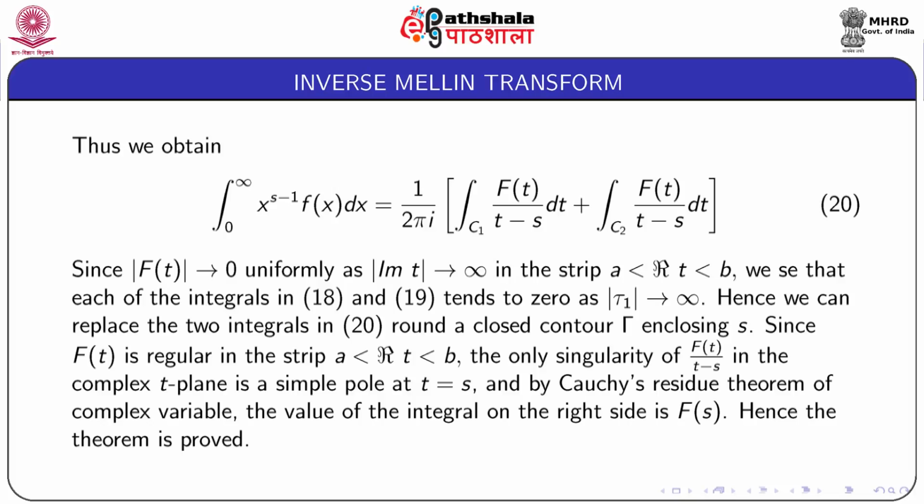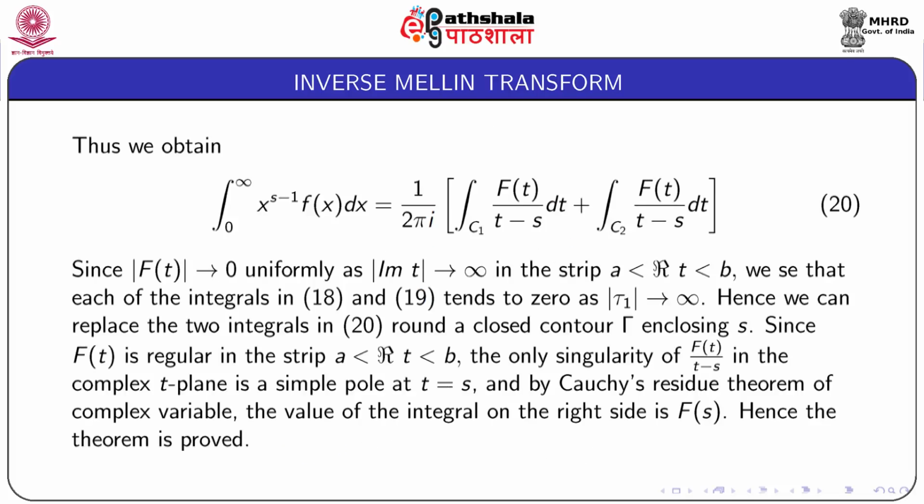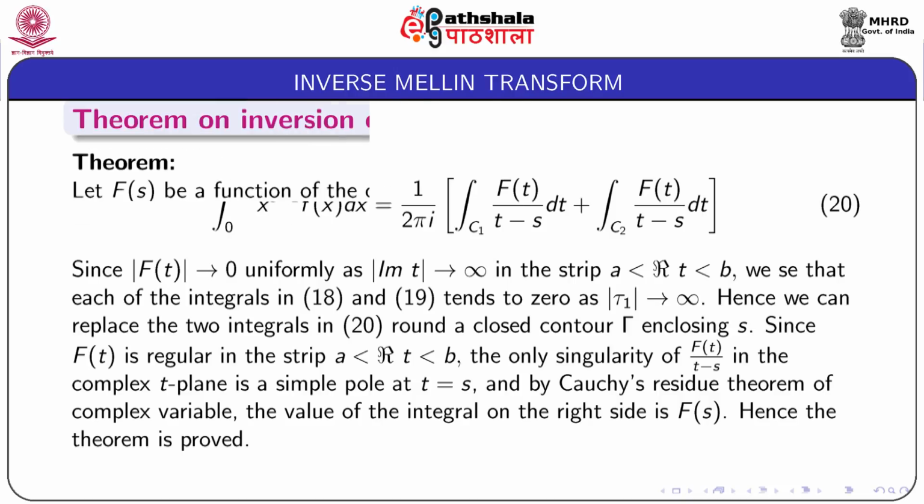Therefore, by Cauchy residue theorem of complex variable, the value of the integral round this contour gamma is equal to the residue at t equal to s, which is equal to capital Fs. Hence, from 20 we see that integral from 0 to infinity x to the power s minus 1 fx dx is equal to capital Fs.